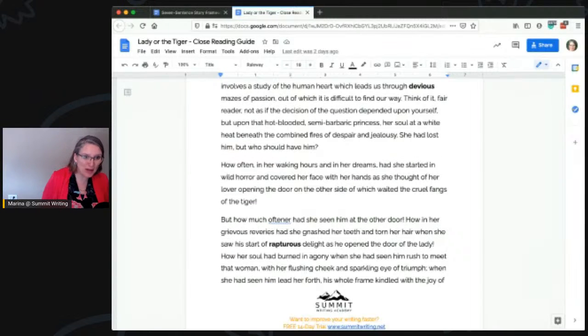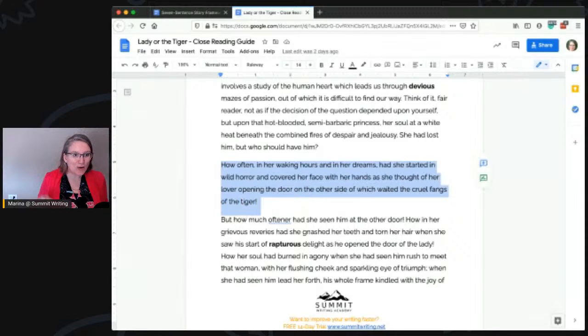How often in her waking hours and in her dreams had she started in wild horror and covered her face with her hands as she thought of her lover opening the door on the other side of which waited the cruel fangs of the tiger.